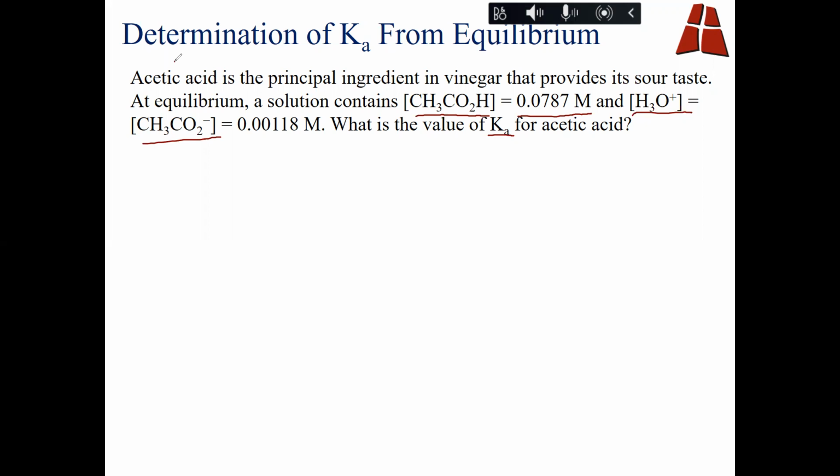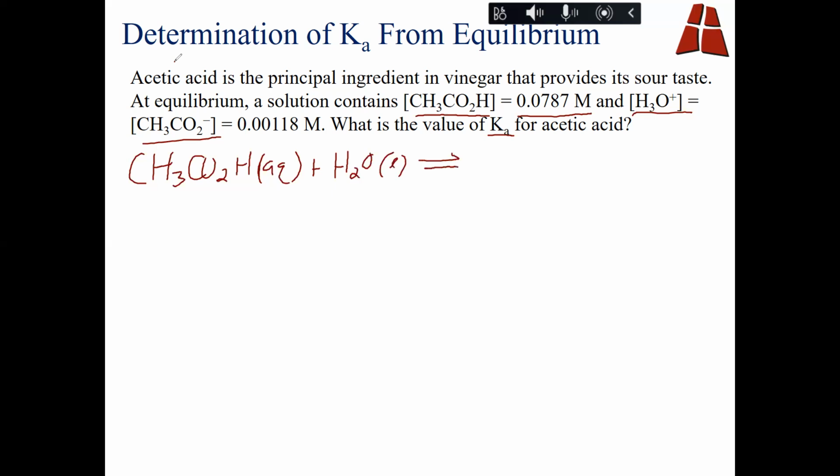Anytime you approach an equilibrium reaction, an acid-base reaction, I think it's always best to write out the chemical reaction that's going on as well as your equilibrium. And so we have our CH3CO2H that is dissolved, aqueous, reacting with water, which is our pure liquid in this case.